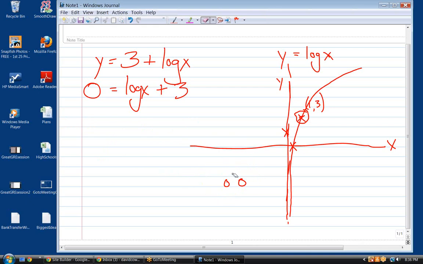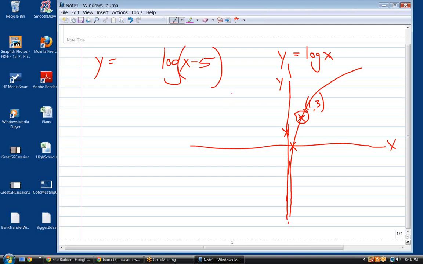Y equals log, parentheses, x minus 5. So there's our regular log x.